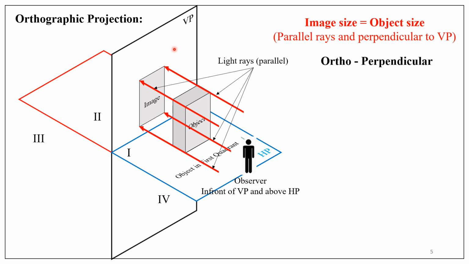Ortho means perpendicular. Therefore, the image or the view obtained by imagining light rays that are parallel to each other and perpendicular to the plane of projection is called orthographic projection.